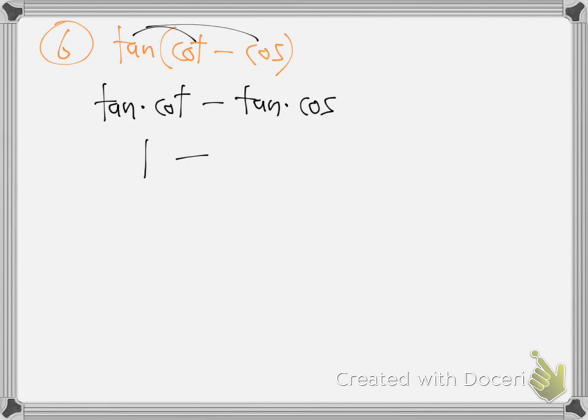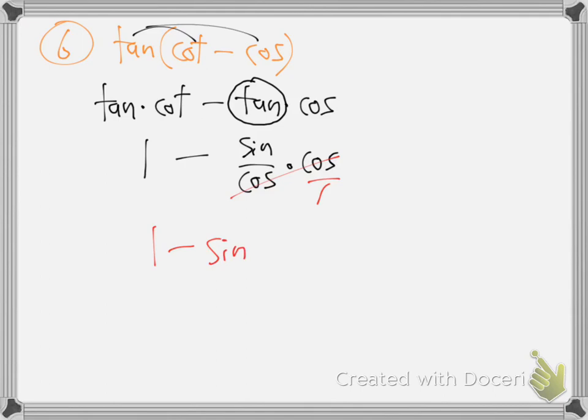Make it cosine over sine over cosine and cosine over 1. This guy is sine over cosine. Like that, right? And then, boom, because over 1. So it's 1 minus sine, and that answer's there, huh? It's D again.